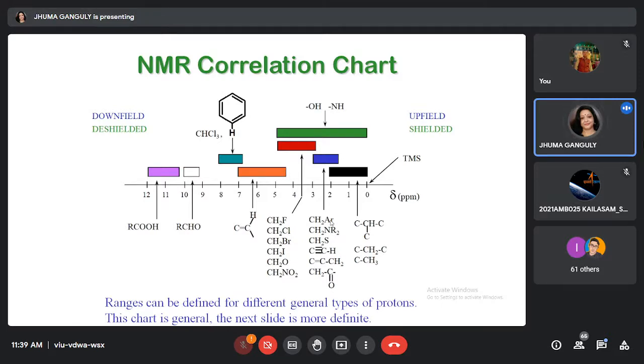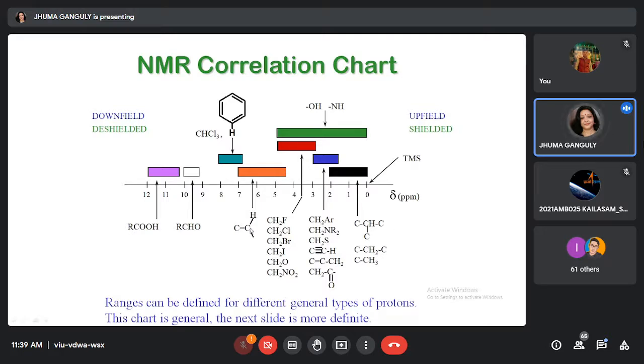The cloud is distributed over the aromatic moiety, or over a nitrogen moiety, sulfur moiety, triple bond, etc. In that case the value is downfield shifted toward deshielded, and you get a higher delta value. This is an sp2 proton with respect to sp3.